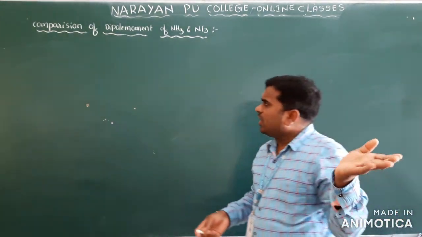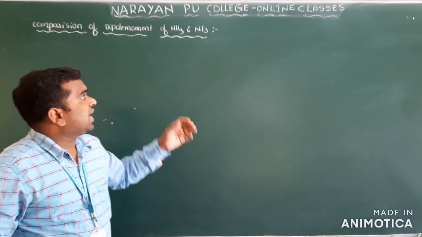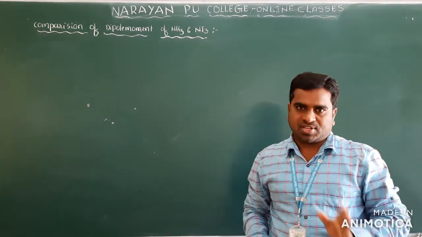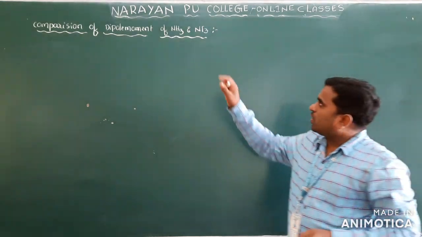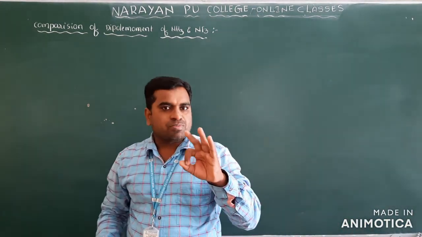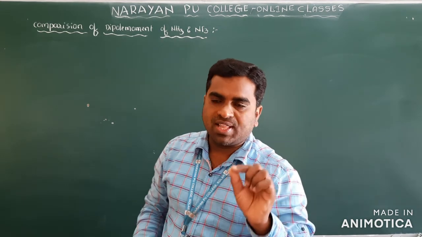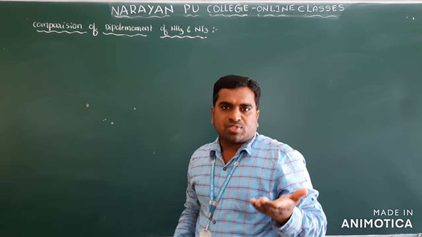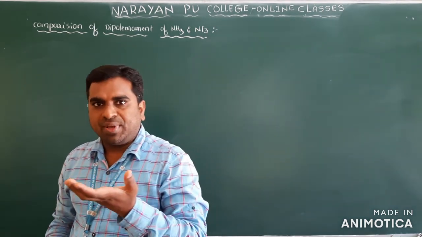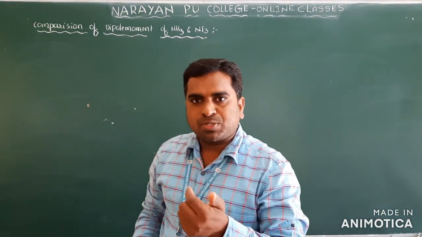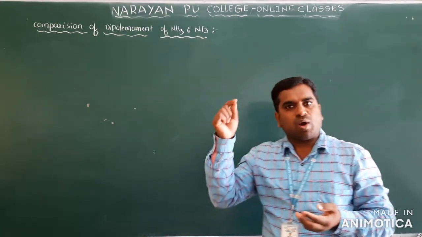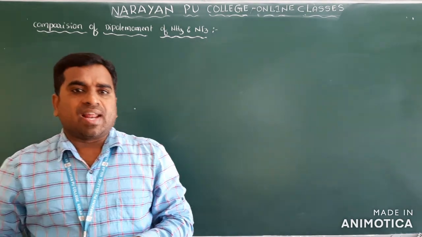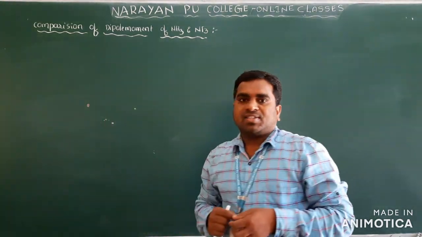Now if I draw the structures of NH3 and NF3, both have the same pyramidal structure. Whenever nitrogen forms three covalent bonds, it will have one lone pair of electrons, because the nitrogen electronic configuration is 2s2 2p3. Three unpaired electrons participate in bond formation, and the paired electrons in 2s2 act as a lone pair.